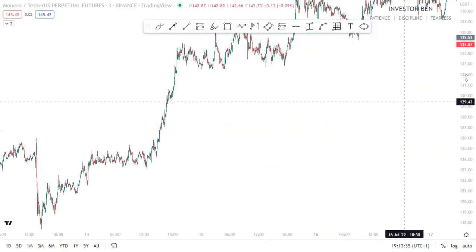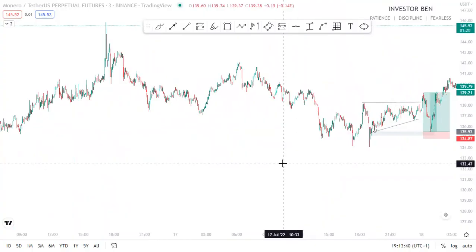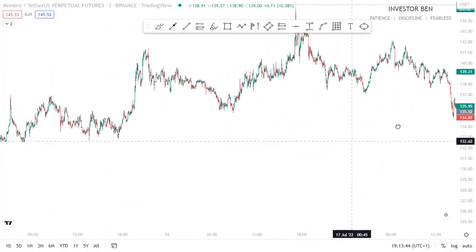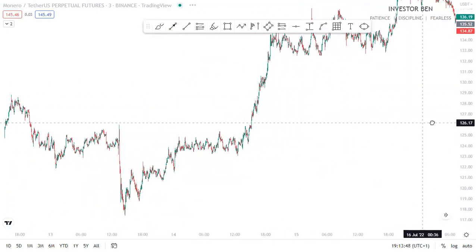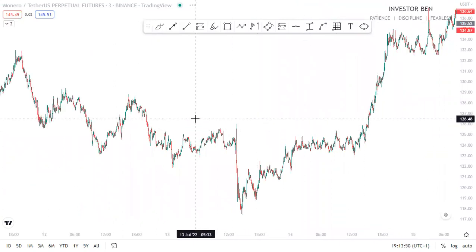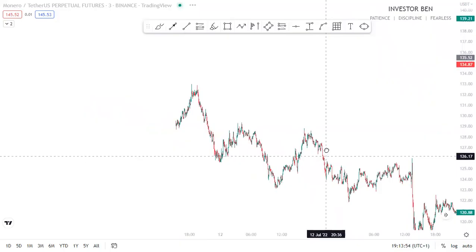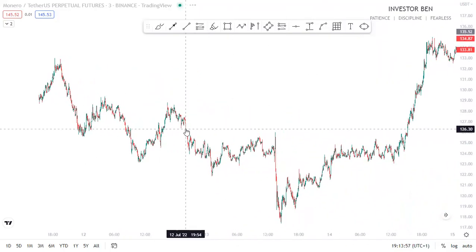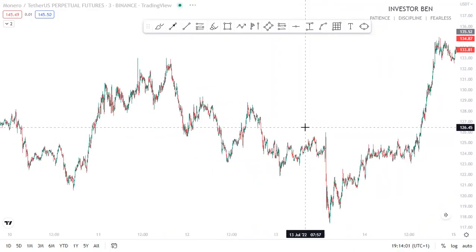Okay. Let's look for more examples on trend line liquidity and everything I've just said. My network is super bad. 15 minutes time frame.